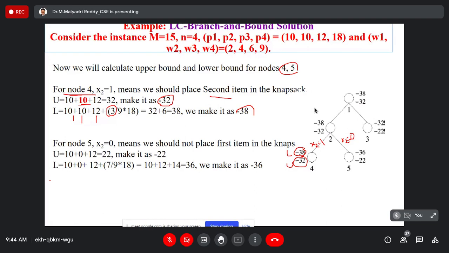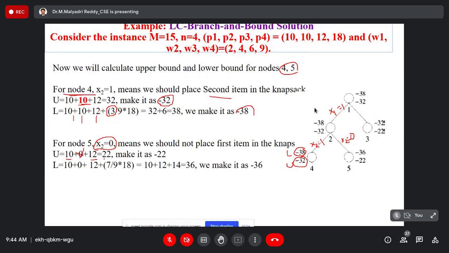So next I have to calculate the lower and upper boundary for live node 5. Suppose you do not include x2 there, then what are the values? In that case, the first object is included, that is x1 is equal to 1. The second object is not included, that is x2 is equal to 0, so its profit is not included, and then x3.